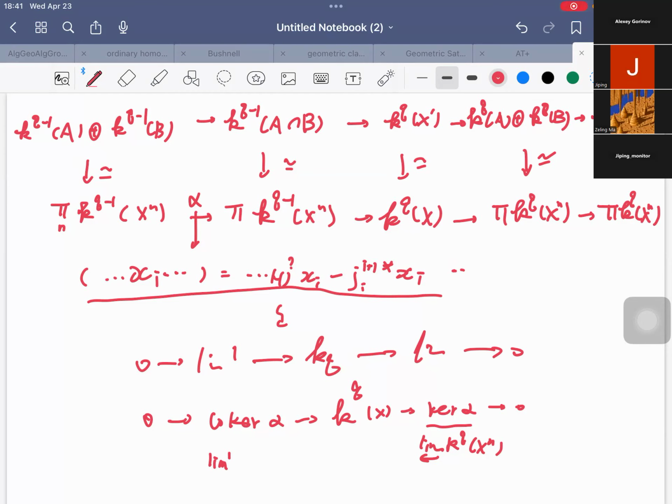Yes, but why is the kernel equal to the inverse limit itself? In the inverse limit, you need to satisfy this condition for the KQX to KQXN.